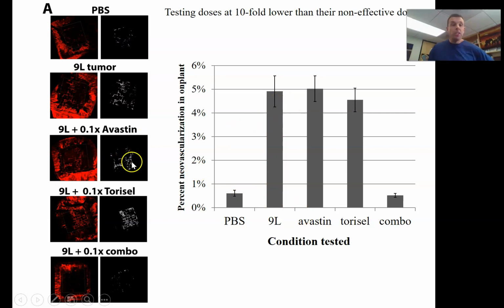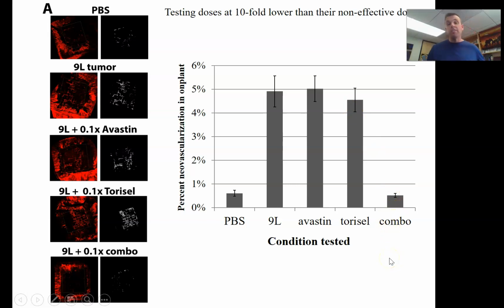We then used certain drugs that are already approved on the market, one Avastin, one Torisel. And when you put those individually, you see no difference. You still have highly vascularized tumors. However, when we put this combination together, the amount of vasculature was right back down to the levels of PBS. And so this combination actually seems to be working.